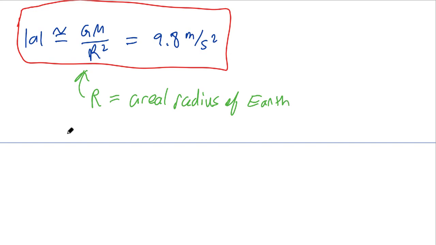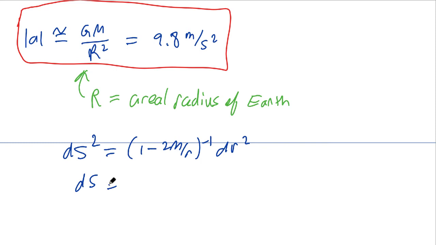Now, how do I know the difference is small? Well, consider the Schwarzschild metric. The proper radial distance, ds, is related to changes in areal radius by ds squared equals 1 minus 2m over r, inverse, dr squared. So in other words, ds is 1 over the square root of 1 minus 2GM over c squared r times dr. So now this term is the same term that we evaluated above.